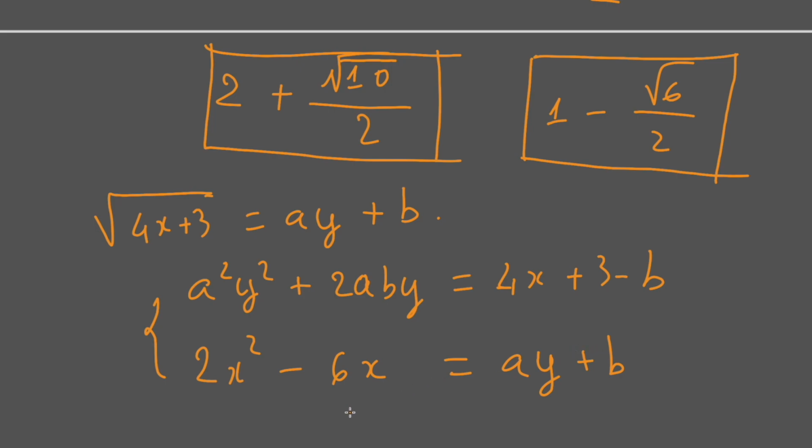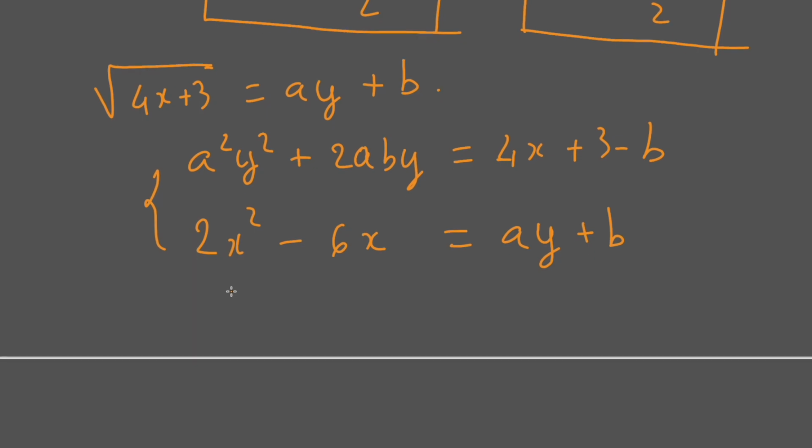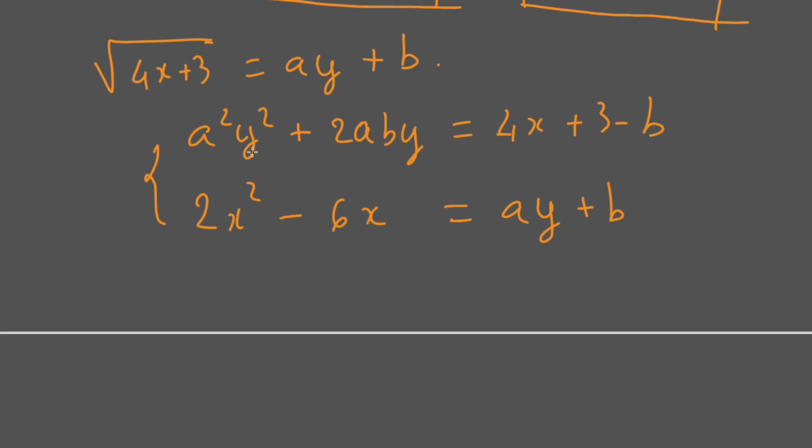Then what will happen? To make it easier for us to solve the equation, we have the same ratio for all numbers here which contain x and y in the equations.